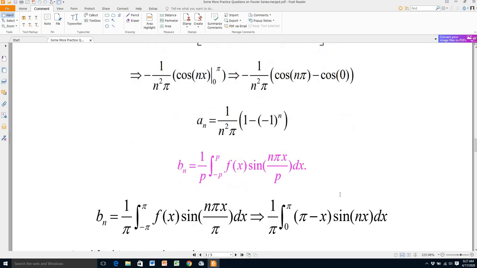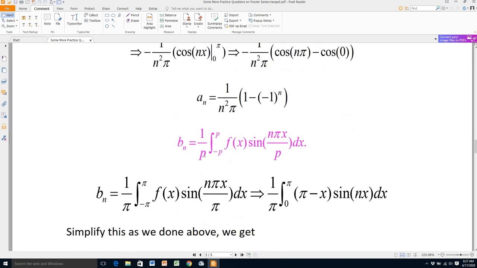In this way, we find Bn is equal to 1 over p integral from minus p to p f of x sine n pi x over p dx. When you substitute the value of p, it is 1 over pi integral from minus pi to pi f of x sine n pi x over pi dx.